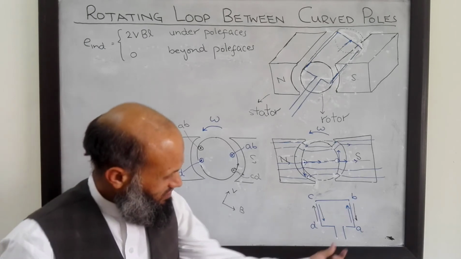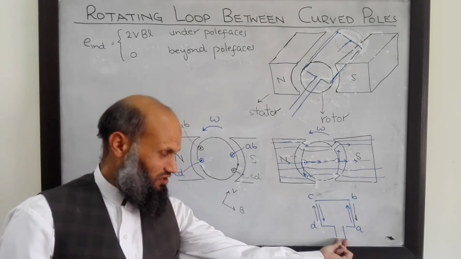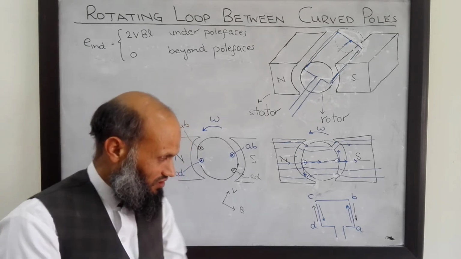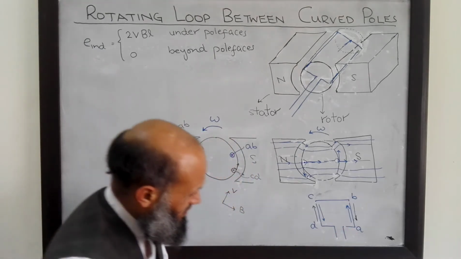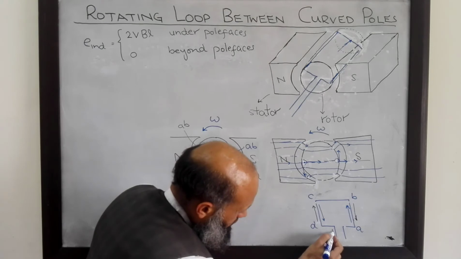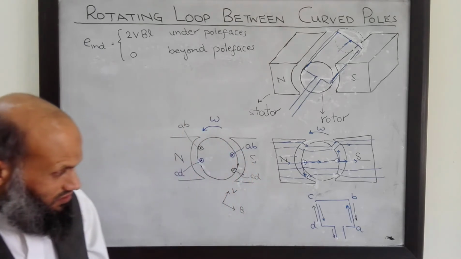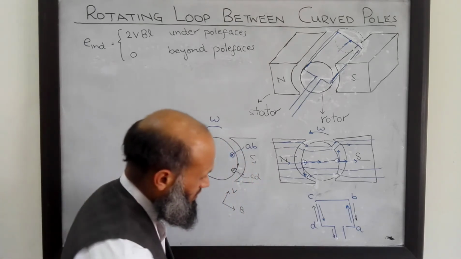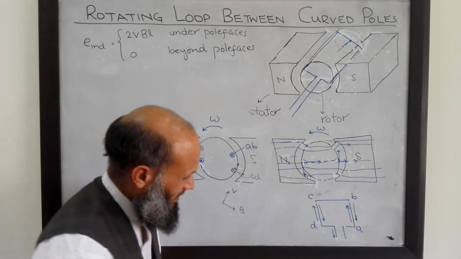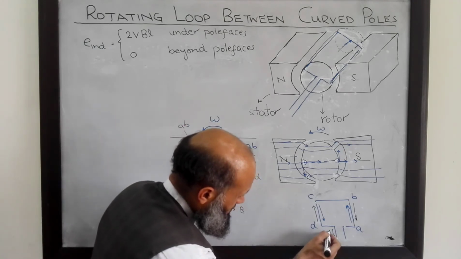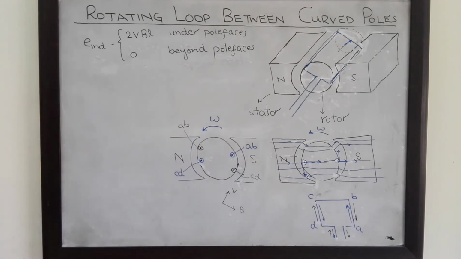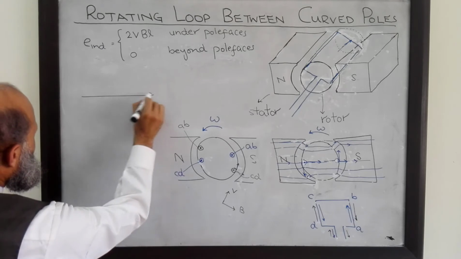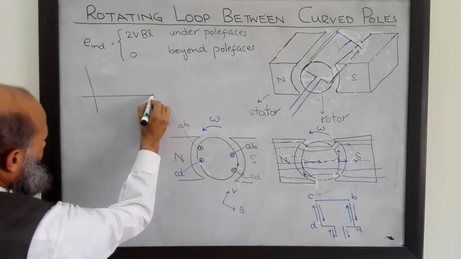What has changed is the polarity of the induced voltage that is available over here. Previously, the polarity was such that current was coming out of this wire, and now the polarity has reversed. It is entering into this wire and leaving this wire. So if we sketch the graph for induced voltage, that will look like this one.